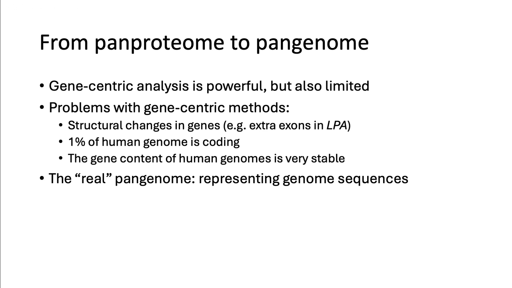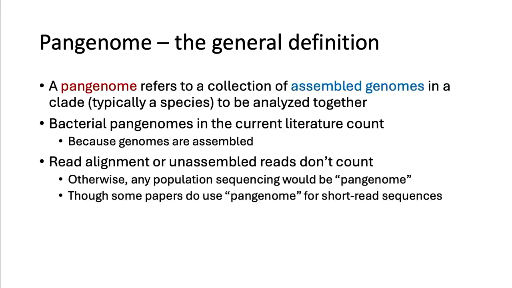And so that comes to what I call a real pangenome, because the pangenome concept was meant for bacteria. There are really pan-proteomes, and the pangenome represents the genome sequences. In the modern era, what does pangenome mean? I usually take this definition: a pangenome refers to a collection of assembled genomes in a clade, typically a species, to be analyzed together.